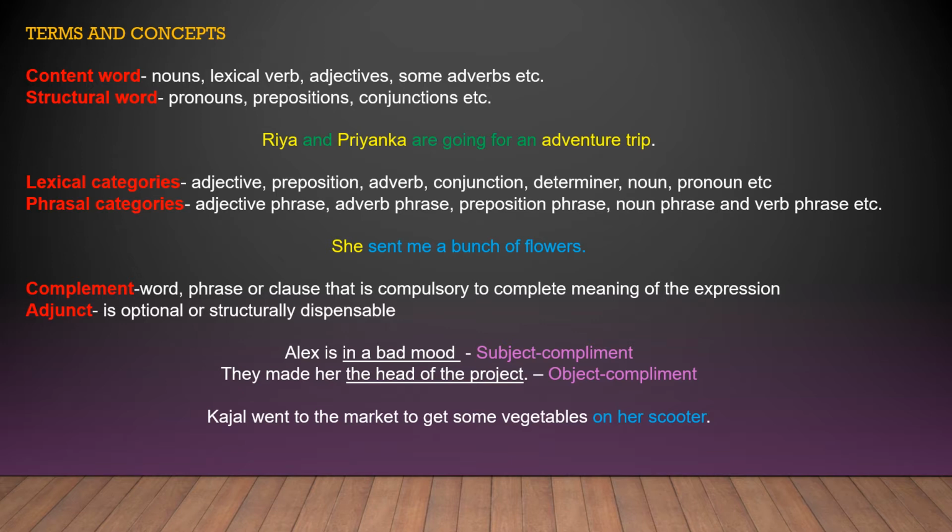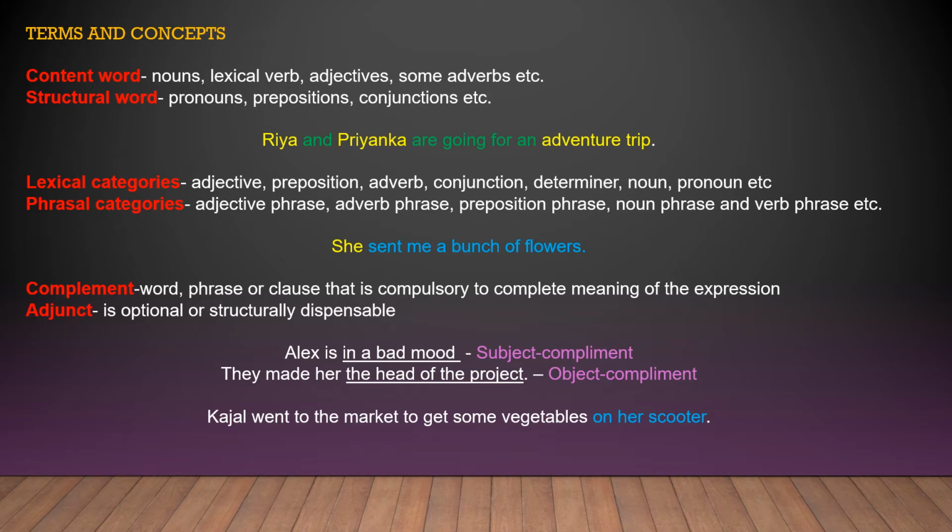So now let's get into some terms and concepts in syntax. First we have content word and then we have structural word. We'll understand this using this example here. Riya and Priyanka are going for an adventure trip. In this, the words in yellow are content words and the words in green are structural words.